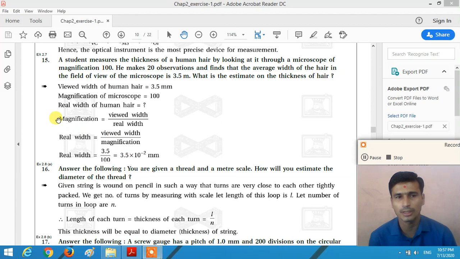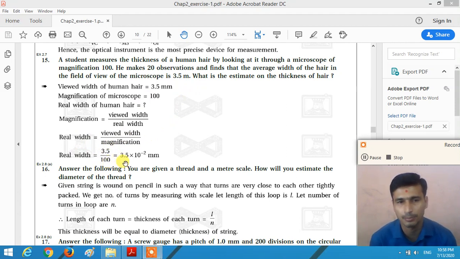So the real width is 3.5 divided by 100.